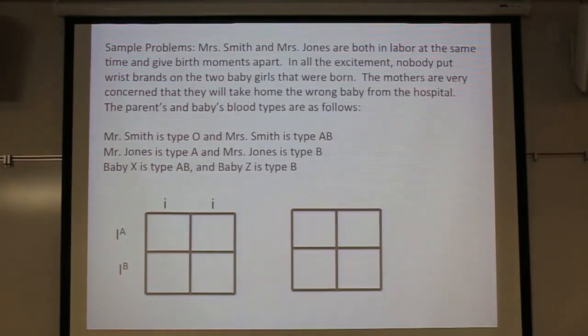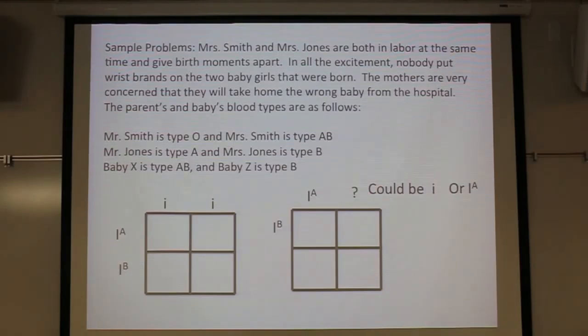Okay, now let's go over and look at the Joneses for a second. In the case of Mr. and Mrs. Jones, blood type A and B, we know that they have this IA and this IB. So let's say this is Mr. Jones, this is Mrs. Jones. The problem is, though, we don't really know what would go here because you could have either the lowercase i or you could have the IA. You could have either one of those there.